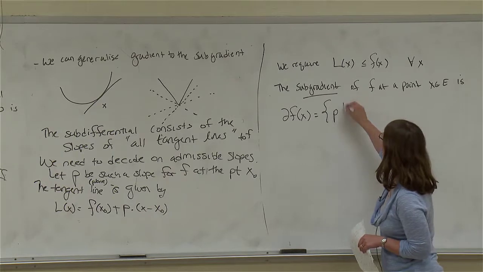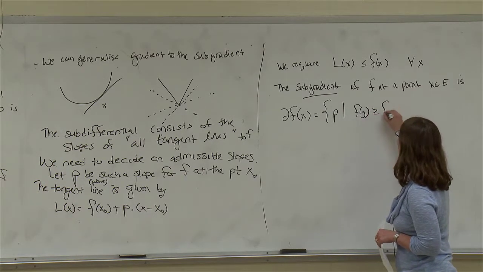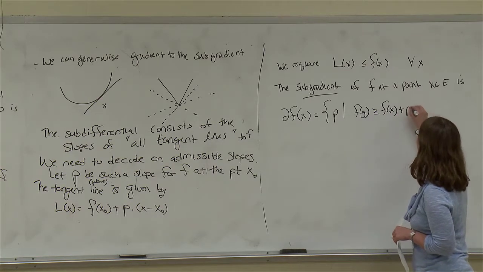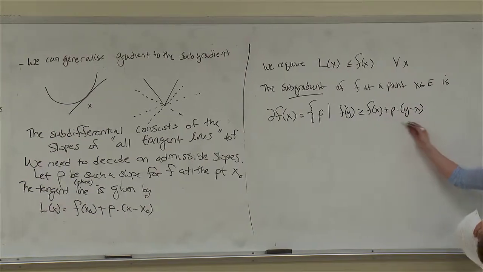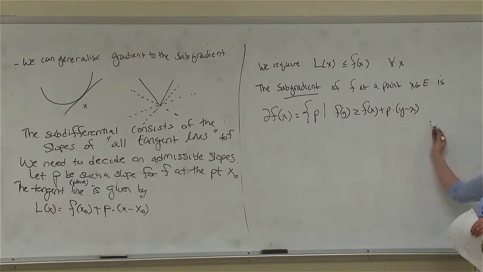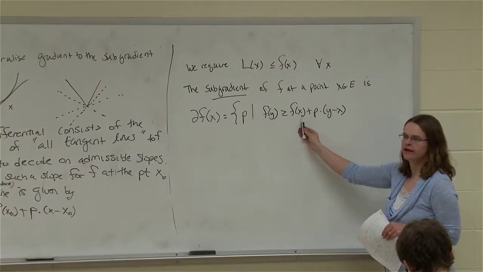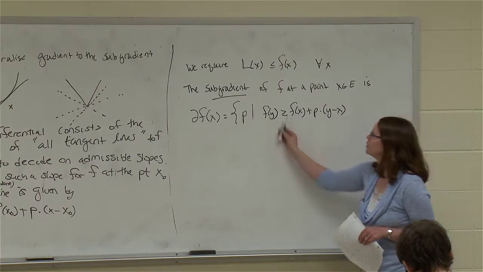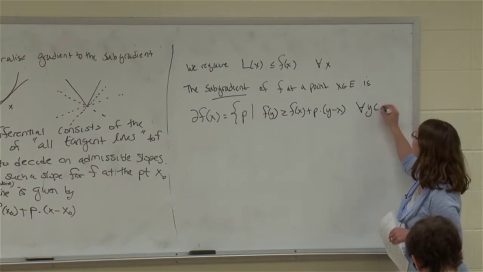So it's the set of all slopes p such that f(y) ≥ f(x) + p · (y - x). Okay, so this is the equation of my tangent line with slope p passing through the point x. And now I'm comparing it to the value of f at any other point, and this should be true for all y.